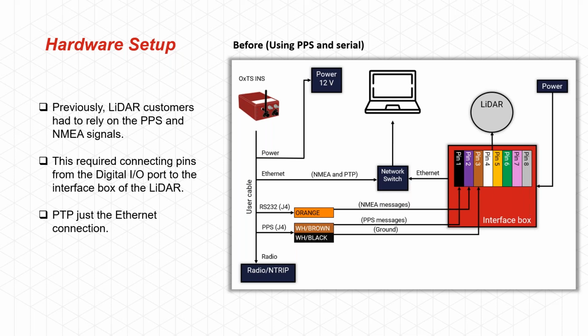So this required connecting the pins from the DIO port to the interface box of the LiDAR, which is a bit complicated, and you had to also enable NMEA messages to be sent either via Ethernet or via the serial. So it's a bit of a long-winded method.